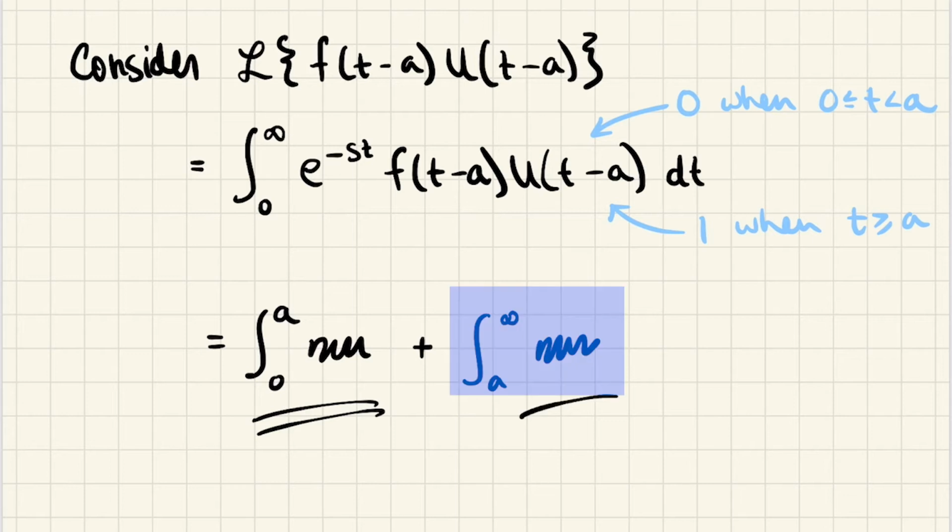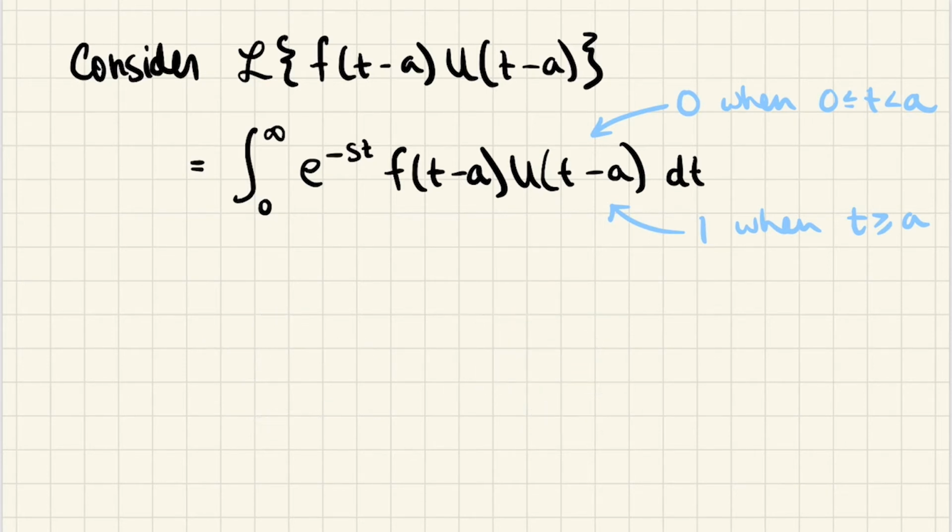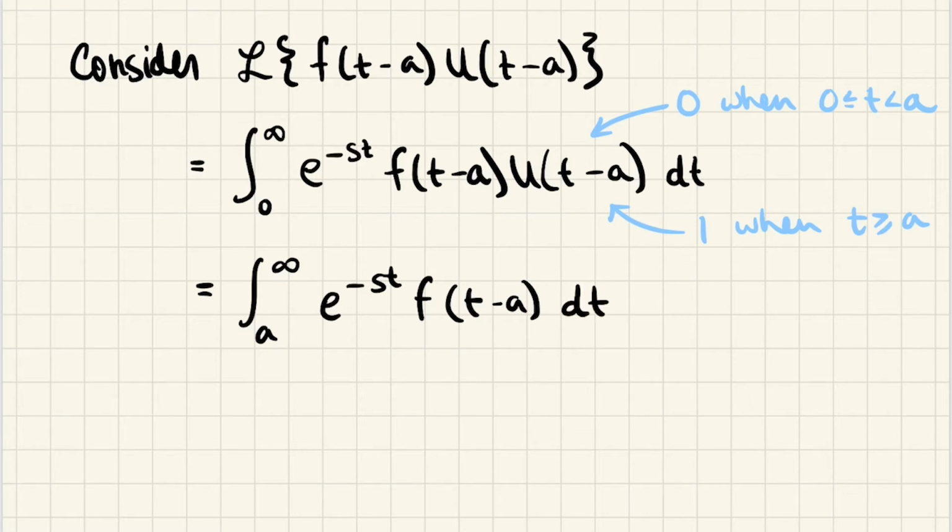And over on this side, the t values are greater than or equal to a, which means the unit step function would just equal 1, and we would simply get the expression without the unit step function. So we can just assume that we've done that and write the integral from a to infinity of e to the negative st f of t minus a dt.